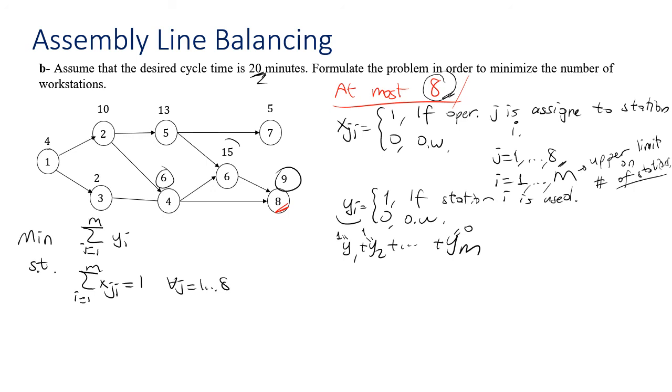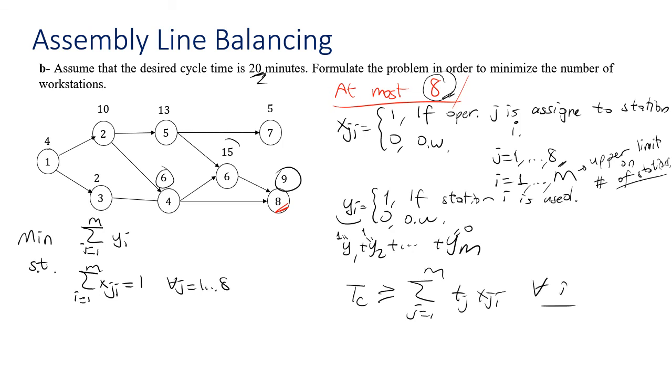Secondly, the total processing time of a station should be less than or equal to 20. Remember, in the previous case we said that this cycle time should be greater than or equal to the sum over j from 1 to m of tj xji for all i.